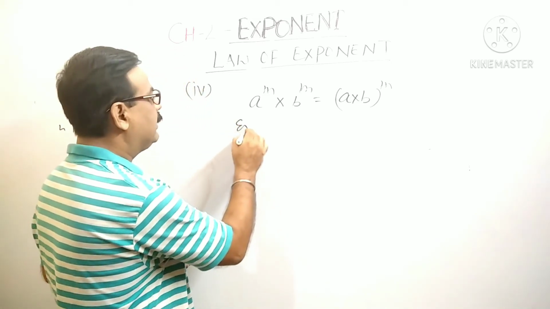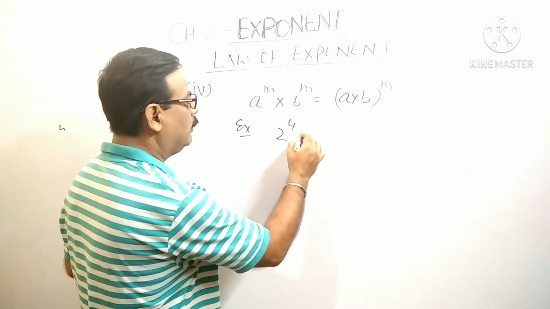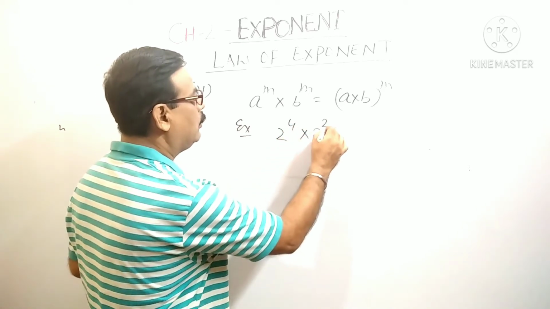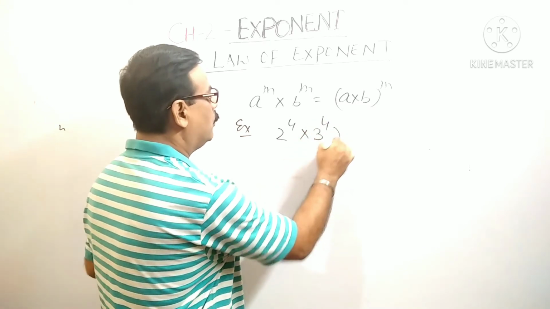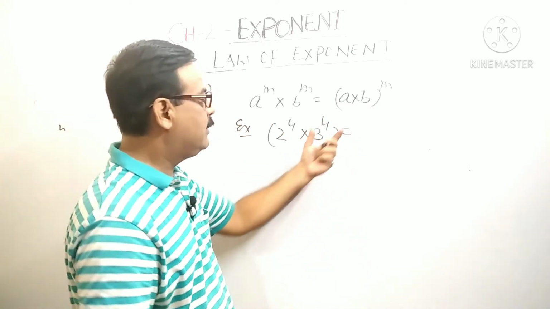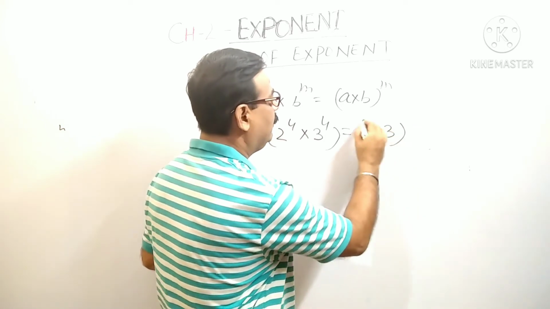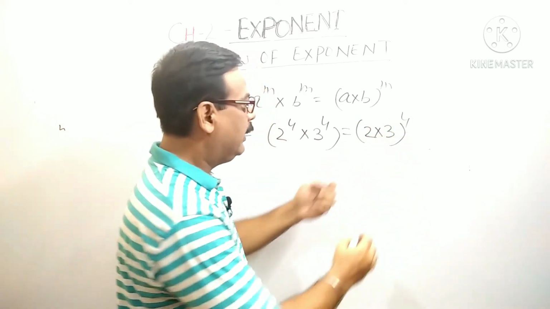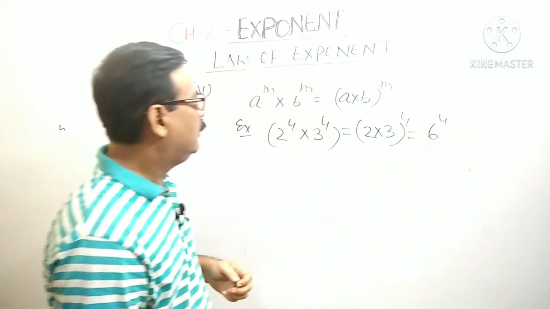So let us see with an example. We can write here 2 to the power 4 and 3 to the power 4. From the law, 2 into 3 and the power will remain the same. So we can find the value, that is 6 to the power 4.